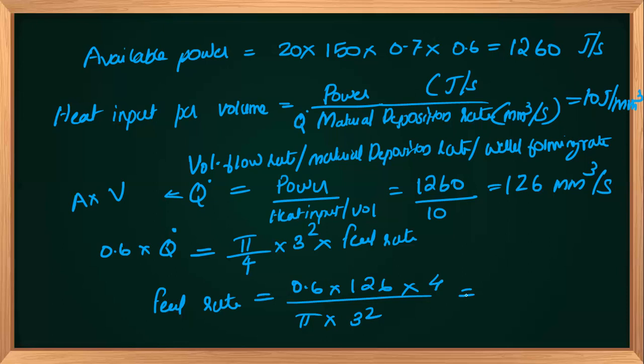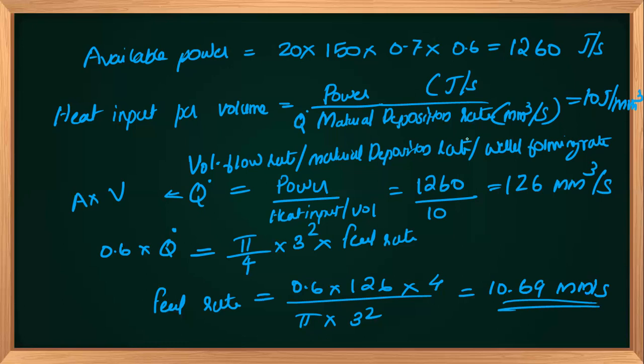Did I make a mistake? 0.6. 6 into 126 into 4 divided by 5 divided by 9. 10.69 millimeter per second. Okay, so this will be the answer, 10.69 millimeters per second.